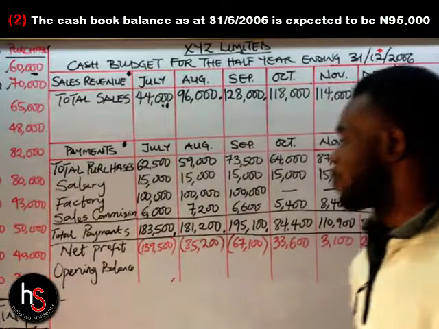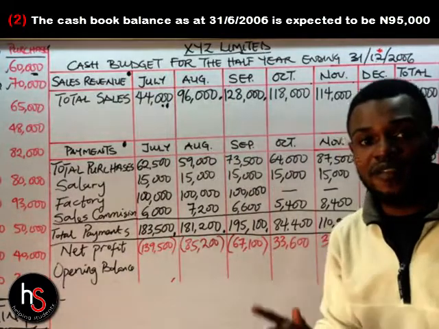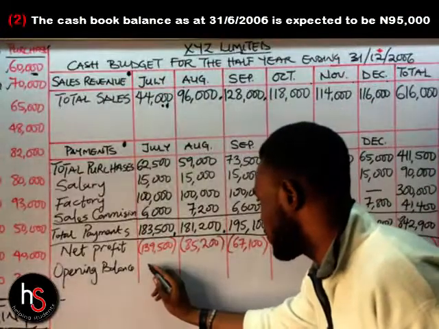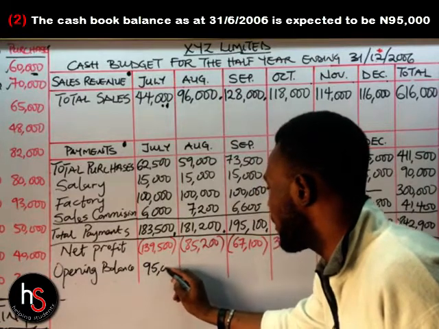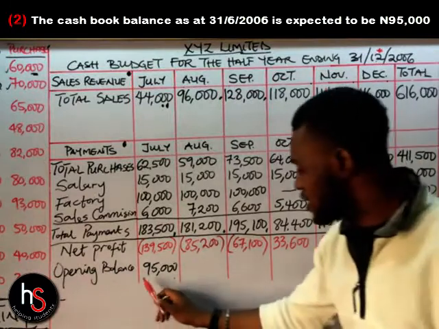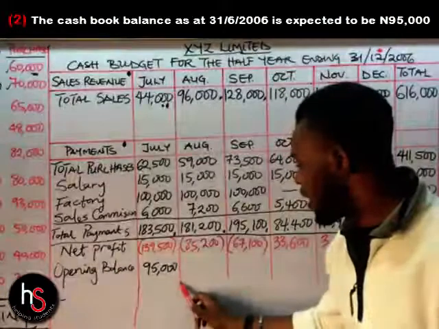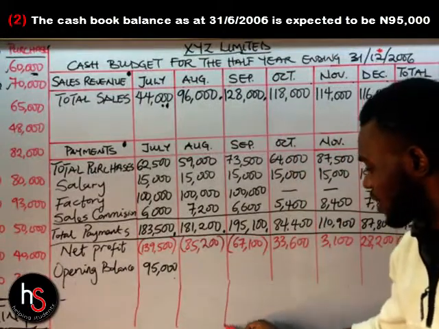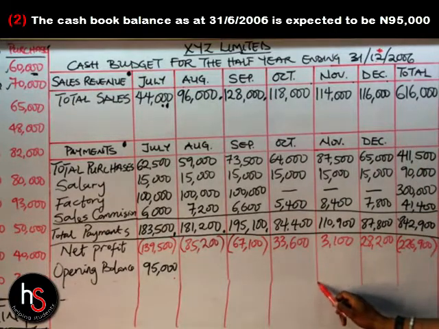How much is it? 95,000. Now, the opening balance is being added. Take note of that. It is not subtracted. The opening balance is being added.